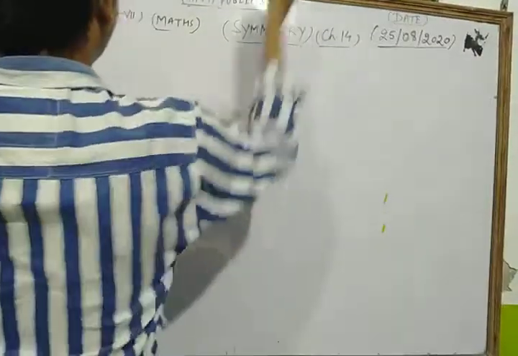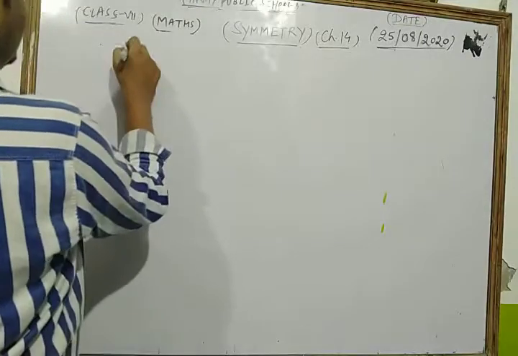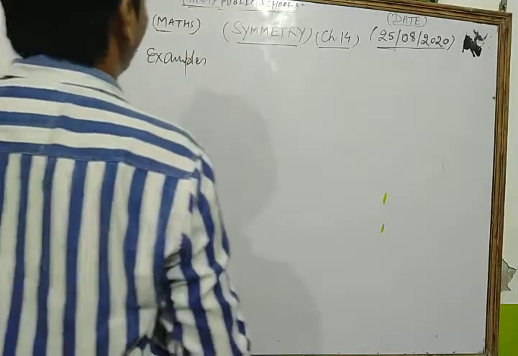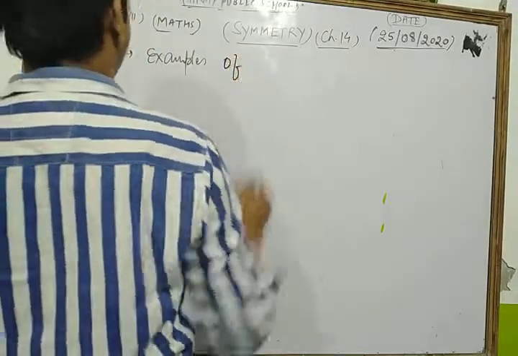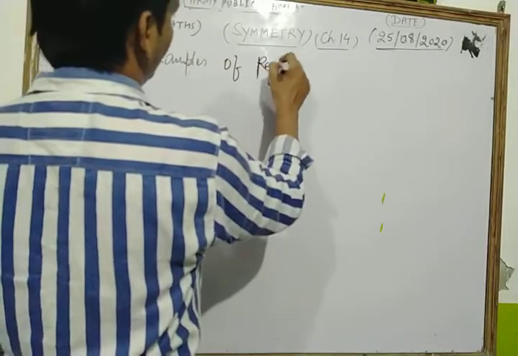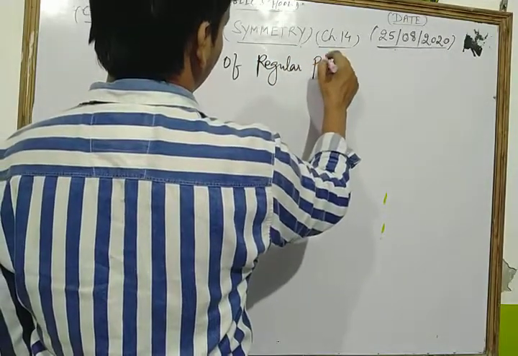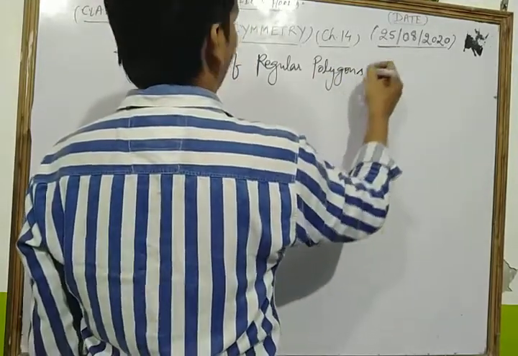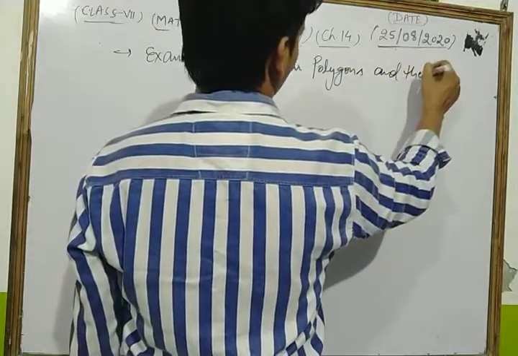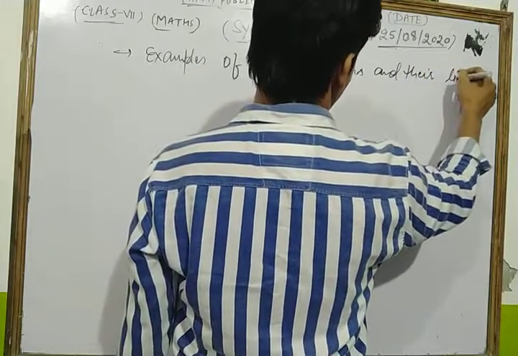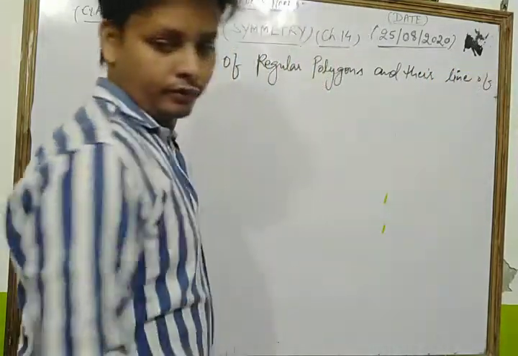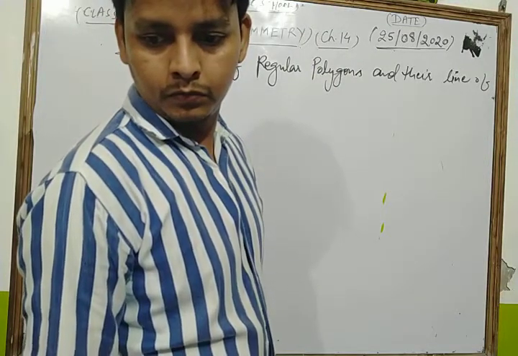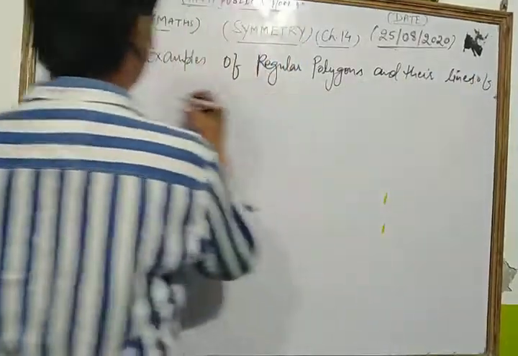Now we discuss examples of regular polygons and their lines of symmetry.